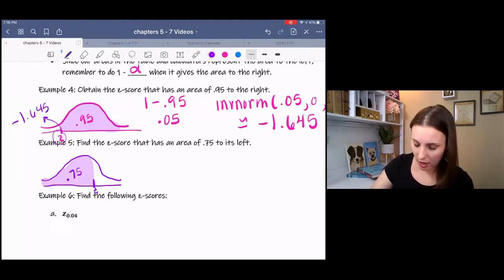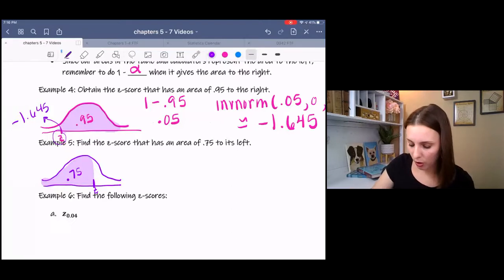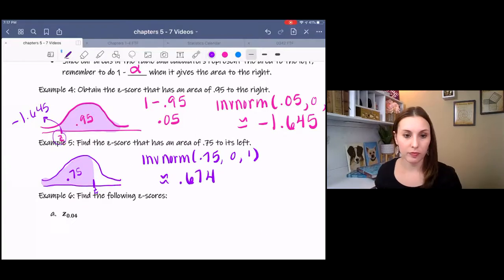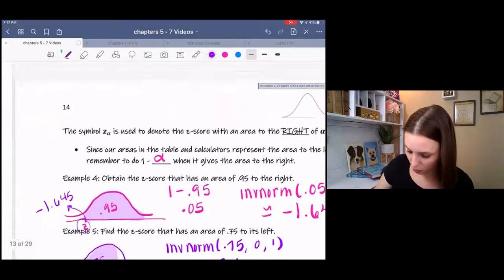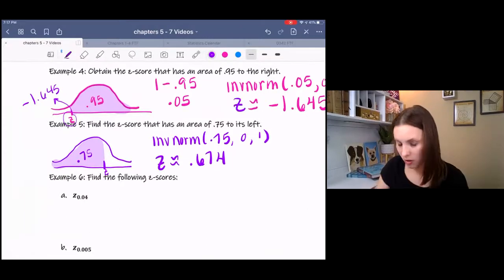So I can go ahead and either look at my table and locate 0.75, or I can do inverse norm of 0.75. And we should get about 0.675, that's the z-score, I should say.